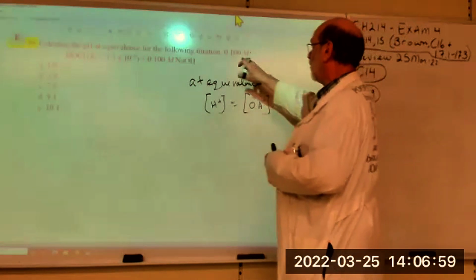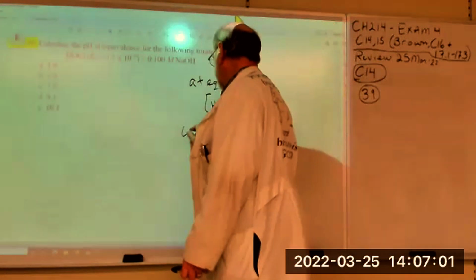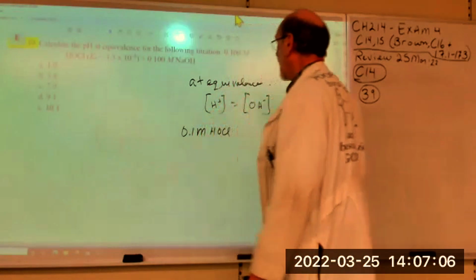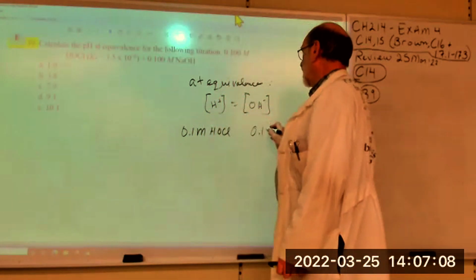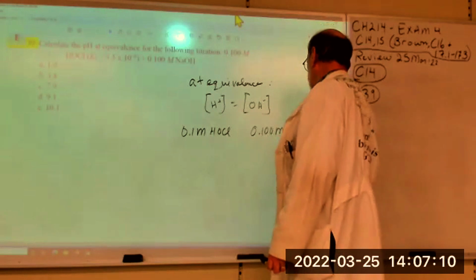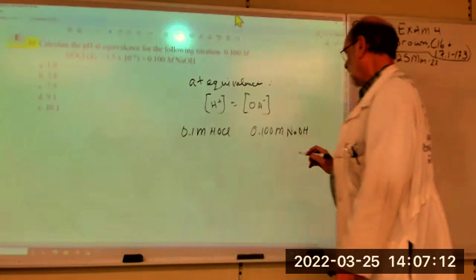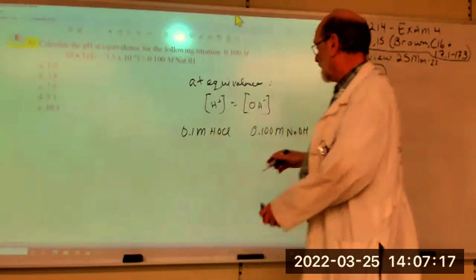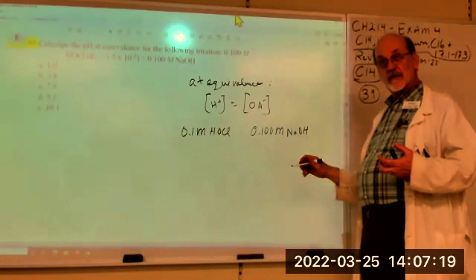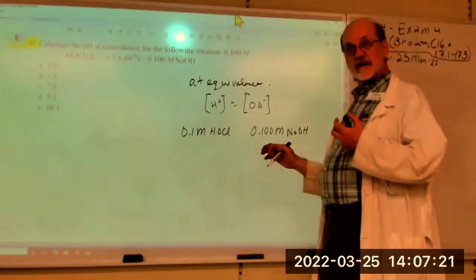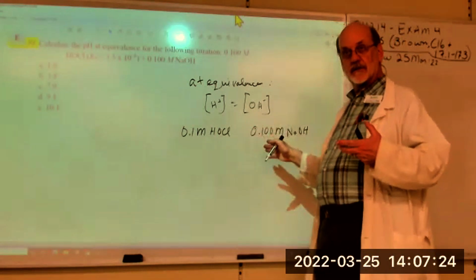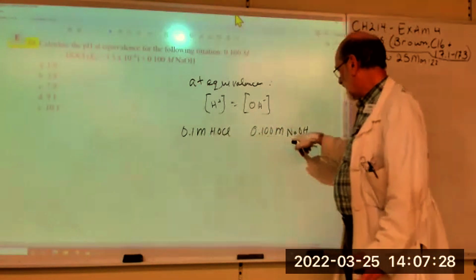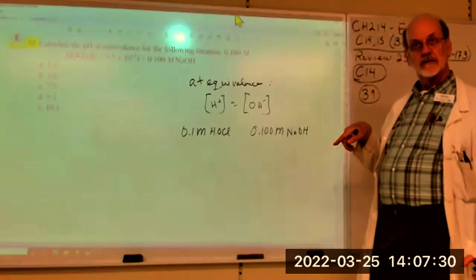So if we have 0.1 molar HOCl and 0.1 molar sodium hydroxide, they're the same concentration. See, I left out my zeros there. Since they're the same concentration, they would need equal volumes of each one to have this acid neutralized by this base.